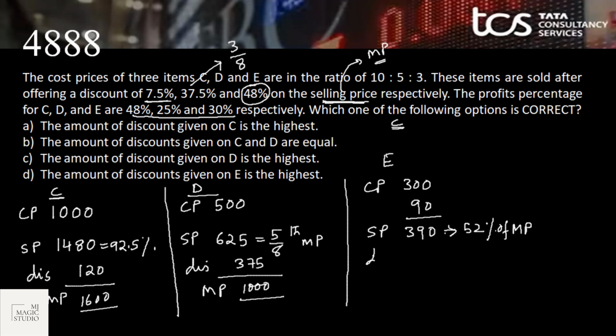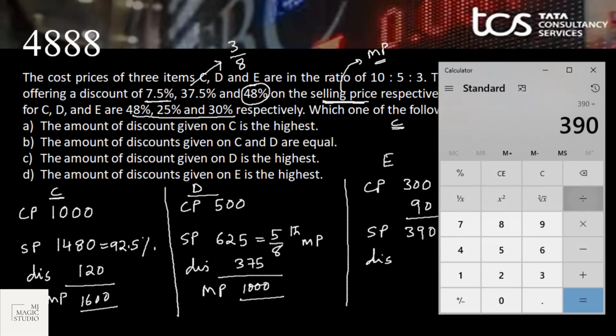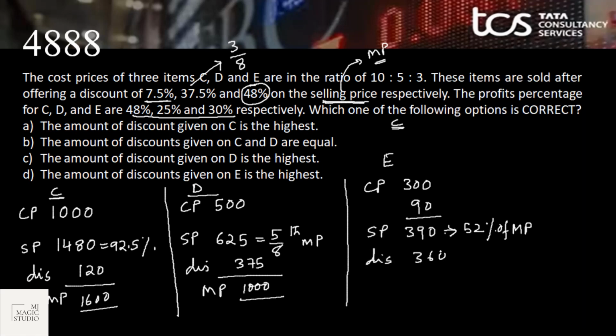If 52% of marked price is this, how much would be the discount? 390 divided by 0.52 is the marked price, into 0.48. This is the discount. 360 rupees is the discount. Here the marked price is 750. Now we have the entire data.